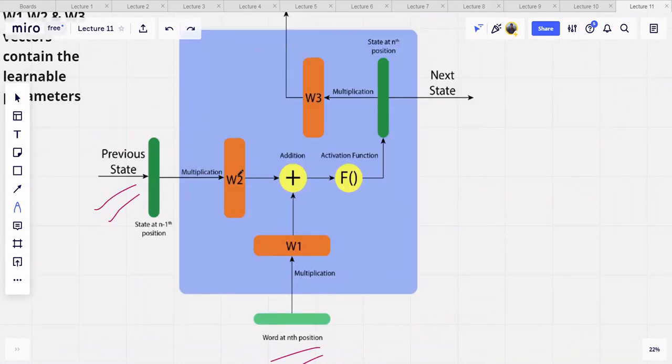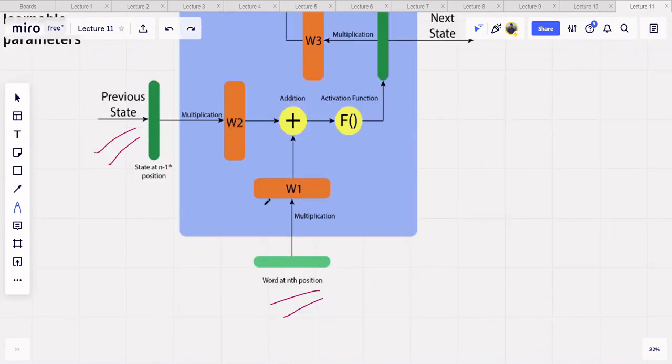At any point when we give our hidden state and word vector to a recurrent cell, the first step that it does is it multiplies the input vectors with the weight vectors. So for example, let's say we have some word which has been converted into a vector, and we pass this word as input.